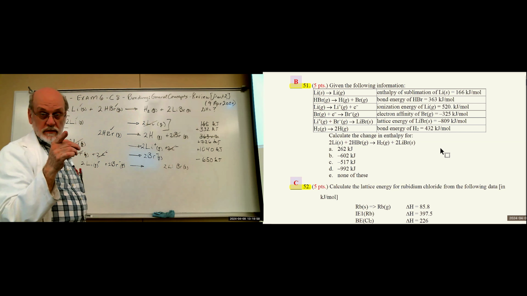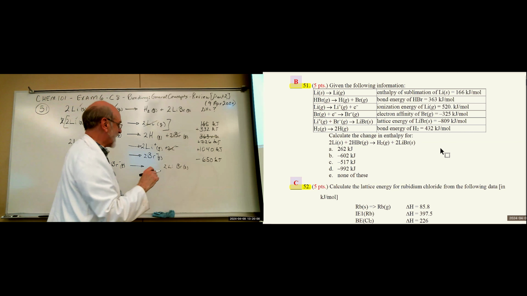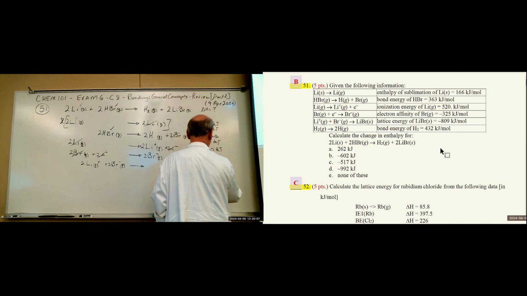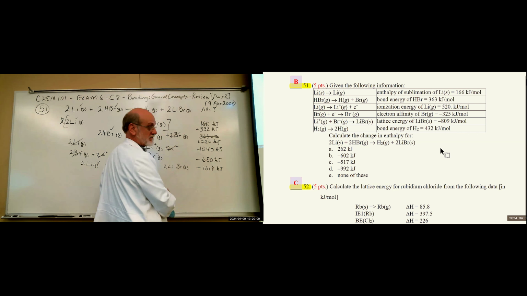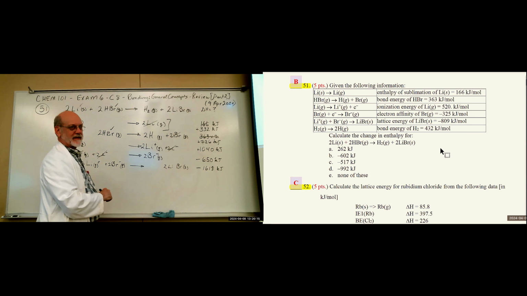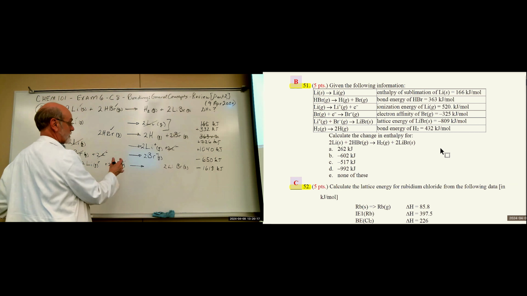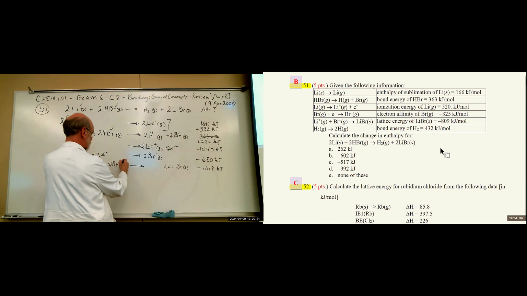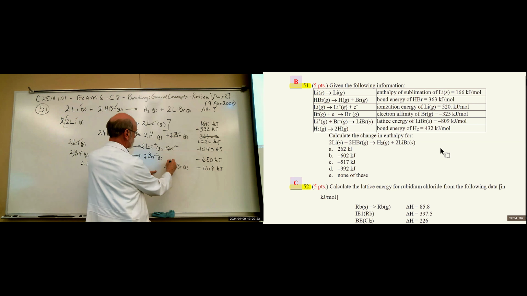And the value is minus 809. What's 2 times minus 809? 1618. Did I do that right? I think I did. Okay, so that cancels this one. And it cancels this one. And it gives us this one.